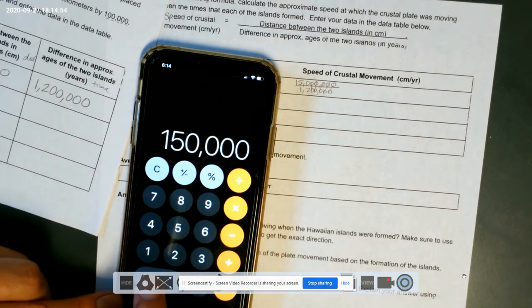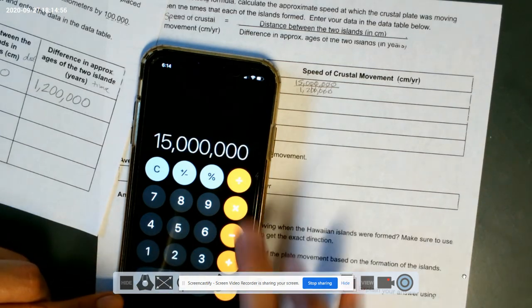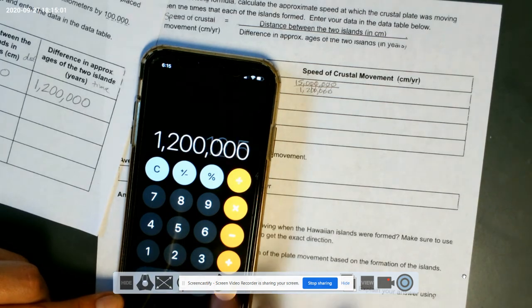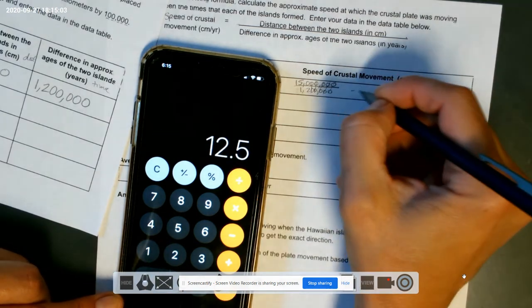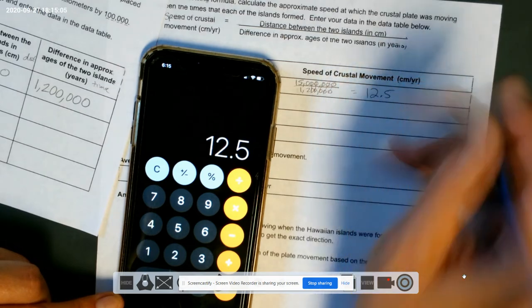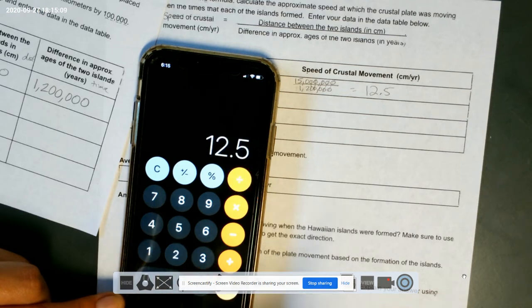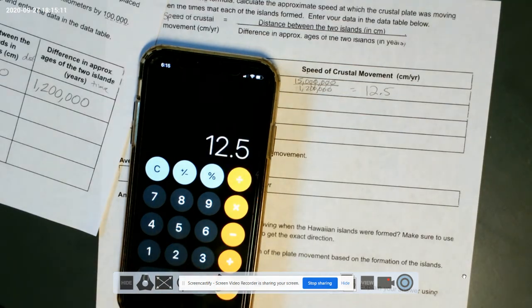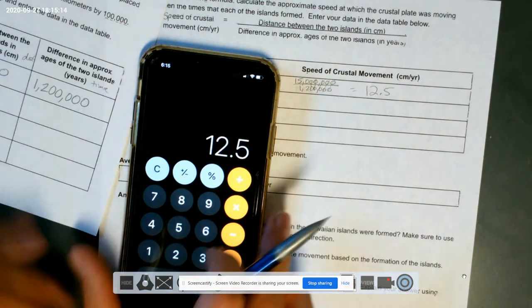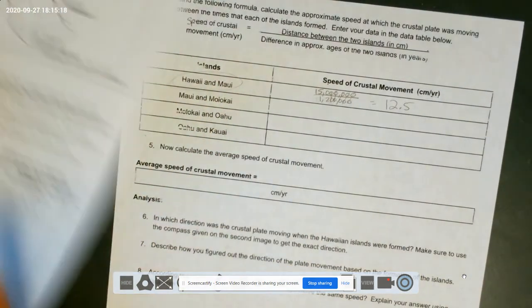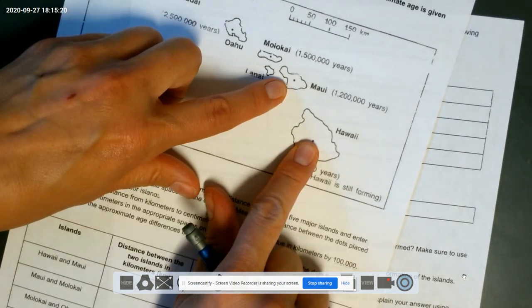You can plug in all those fancy zeros and divide it by each other and get 12.5. Or if you crossed out all the zeros, you could just do 150 divided by 12. Oh, and you get 12.5. So that's kind of just a trick when you have zeros and you're dividing. So we know that this section from here to here moved about 12.5 centimeters per year.